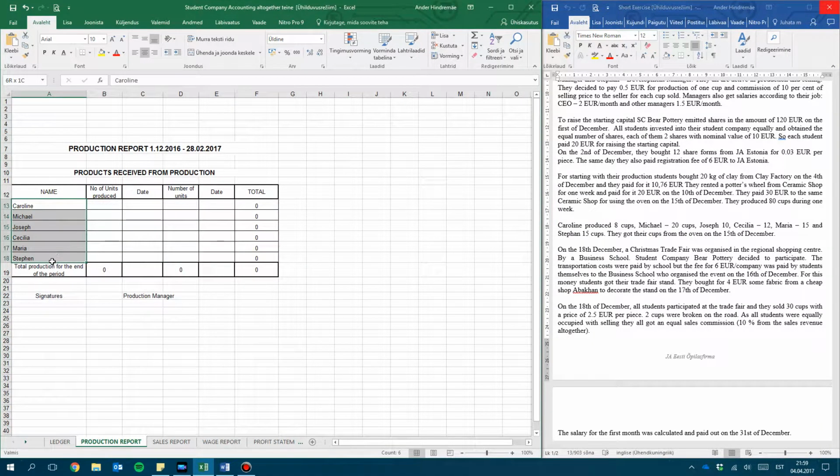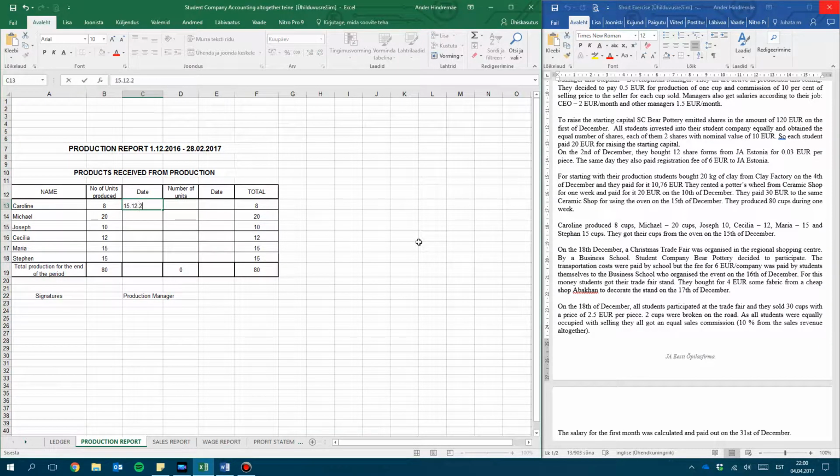First of all, I've already added the names of the people in the company to save time, and we're just going to write what they produced. Caroline 8, Michael 20, Joseph 10, Cecilia 12, Maria 15, and Stephen 15 as well. And the date is 15th because this is when these came out from the oven.